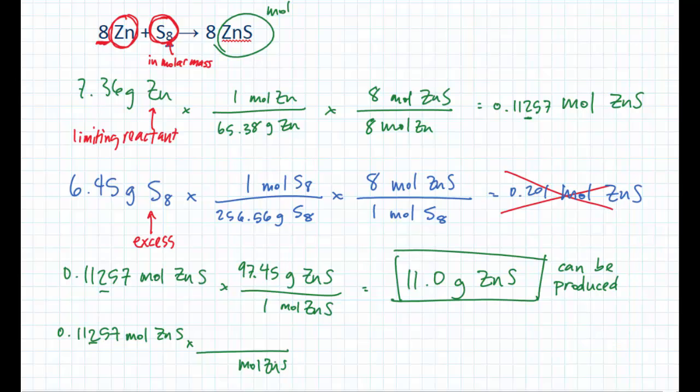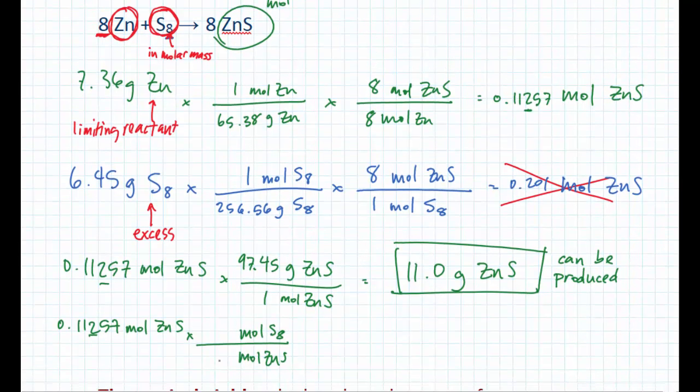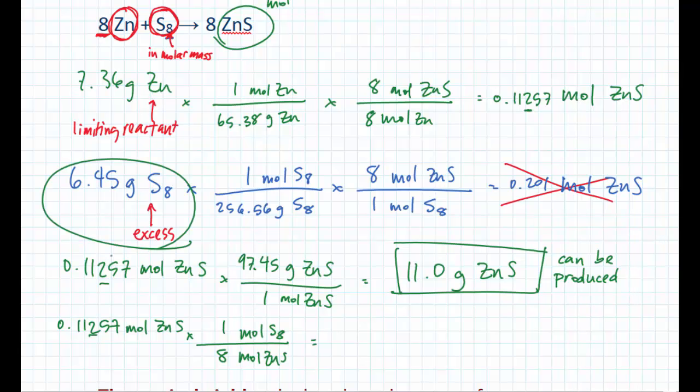And then into moles of what? Yeah. Moles S8. Okay. Let's double check our coefficients. 8 moles of ZnS, 1 mole of S8. Because that was the excess reactant. What we want to find out is how much of the excess reactant actually got used up. Okay? So we're going backwards. We're taking essentially this value over here and working backwards to S8.